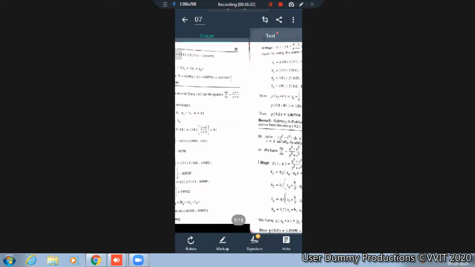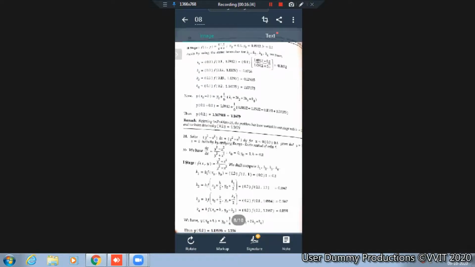Okay, ma'am. Thank you. Yeah, but why did I take the 24th question, you know? Because of this notation of x is 0, 0.2, 0.4. Most of the students, I've seen them in the exam, whenever such a question comes, they will not attempt it, thinking that this h is not given in the question.